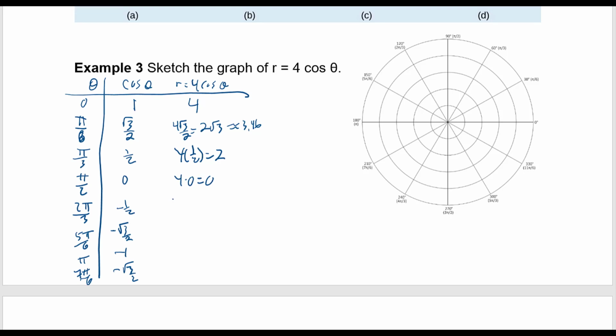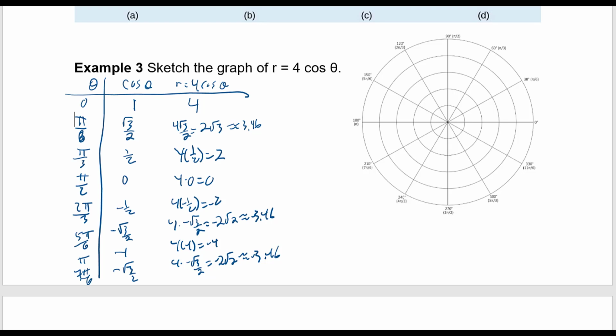And 4 times negative 1/2 is negative 2. 4 times negative square root of 3 over 2 is negative 2 root 3, which is approximately negative 3.46. 4 times negative 1 is negative 4. And then 4 times negative square root of 3 over 2, we just saw that, is approximately negative 3.46.